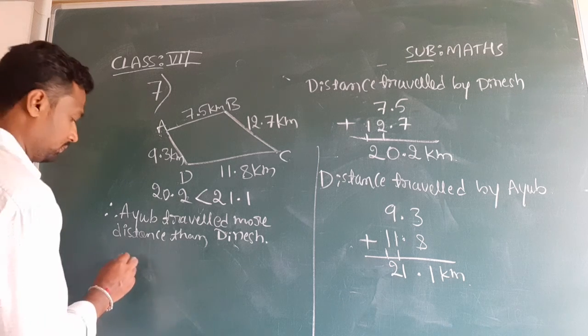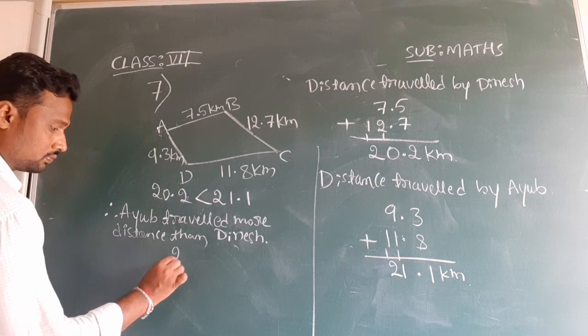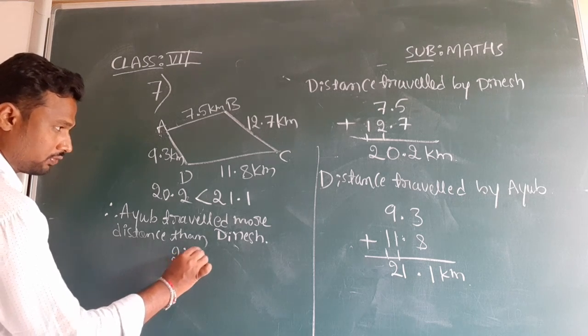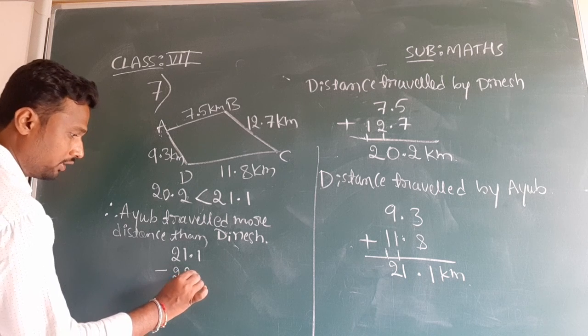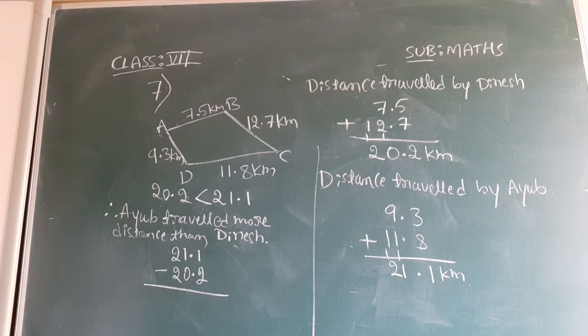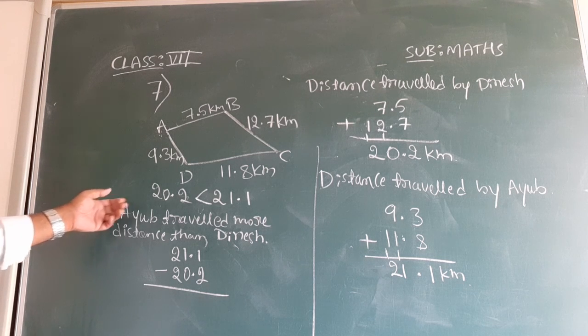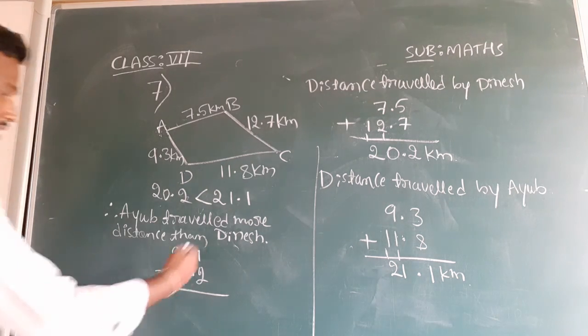So first 21.1 kilometers minus 20.2 kilometers. If you subtract here, you will get how much more distance was covered by Ayub than Dinesh.